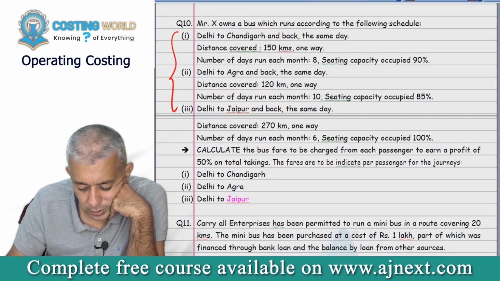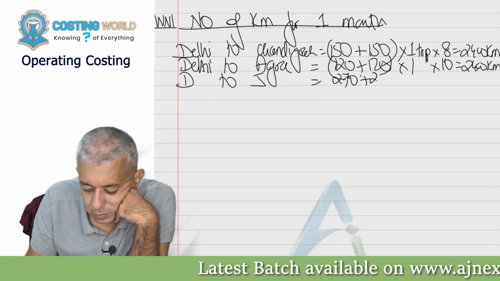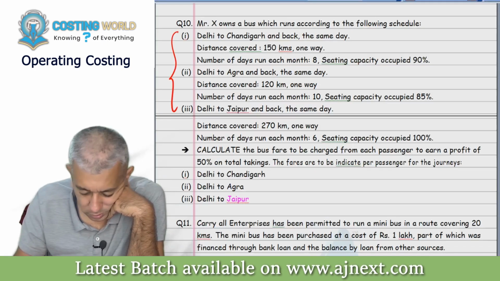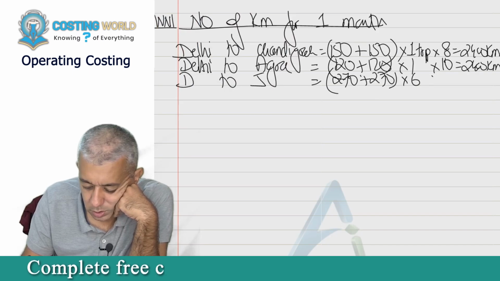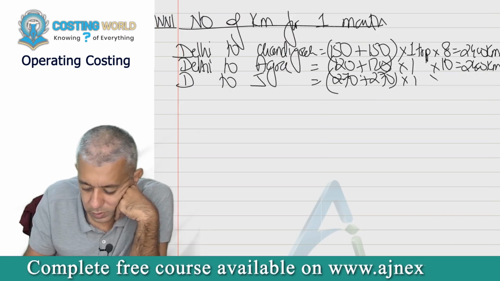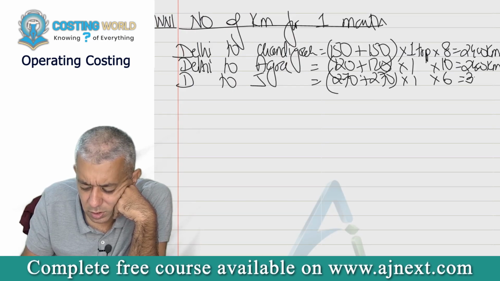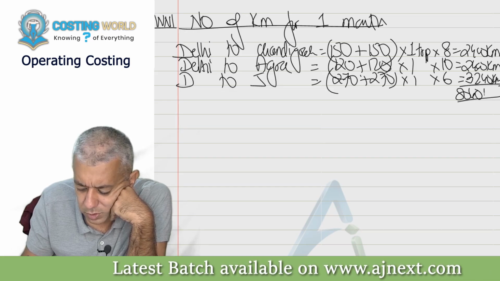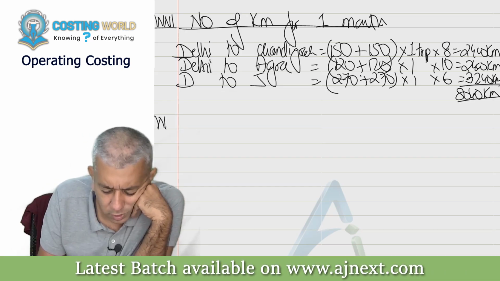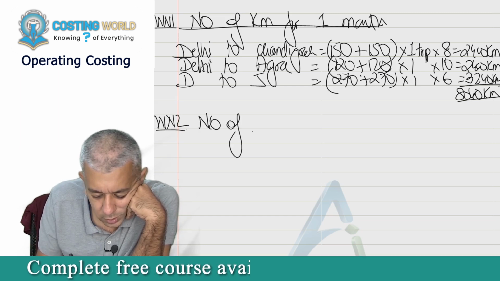Delhi to Jaipur, 270 plus 270 into how many days in a month? 6 into 1 into 6, 5. This comes to how much? 3240 kilometers. Total 8040 kilometers.